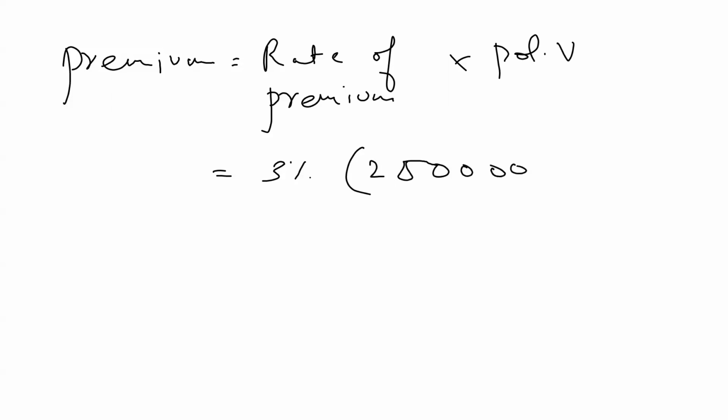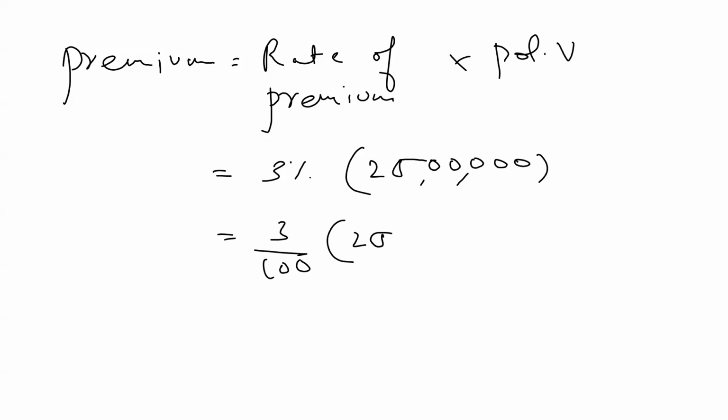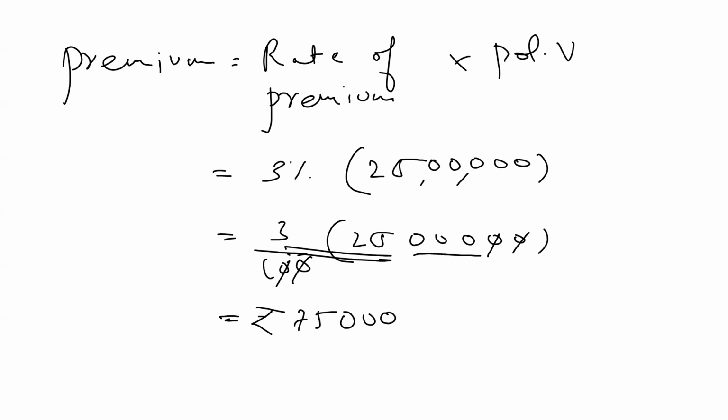We just calculated it. So you can just cancel the zeros over here, and 25 into 3, that is equal to 75, and the 3 zeros. Fine. So this is the premium for the first part of the problem.